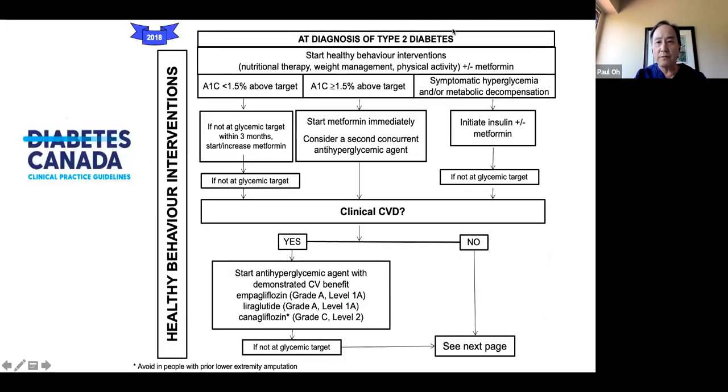The other kind of route to think about, or the algorithm that we go through as healthcare practitioners and persons with lived experience, is thinking about the setting that we're in choosing therapies. An algorithm for management like this reminds us that if we think of people who are newly diagnosed or recently diagnosed with diabetes, then we will start with the healthy behavioral therapies and continue those throughout the interventions of management of diabetes.